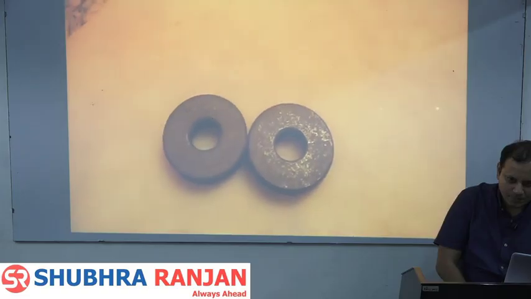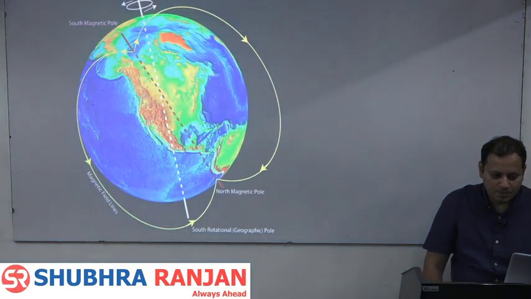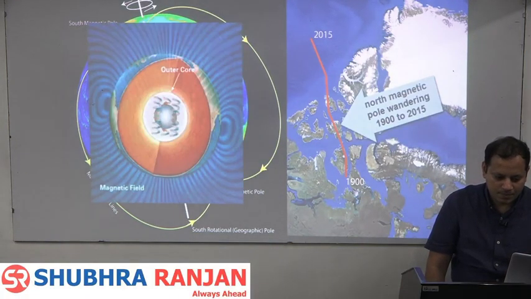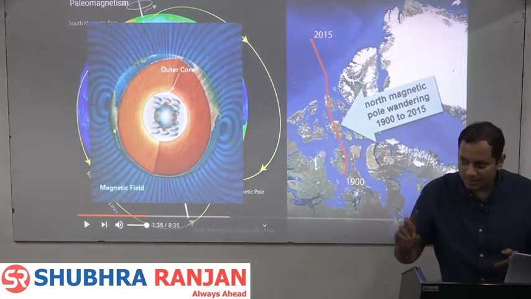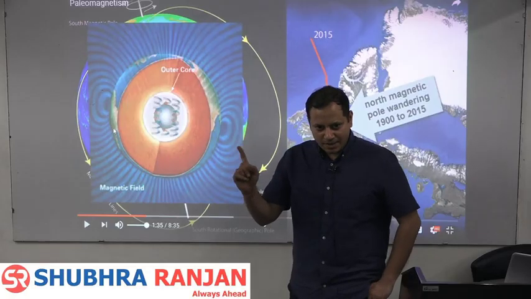Earth's magnetic field is oriented pretty closely with its rotational north pole, but not perfectly, and that pole wanders around. Why? The currents change. They speed up, they slow down. Understand why the magnetic field is not constant? Because the currents will keep on changing direction.